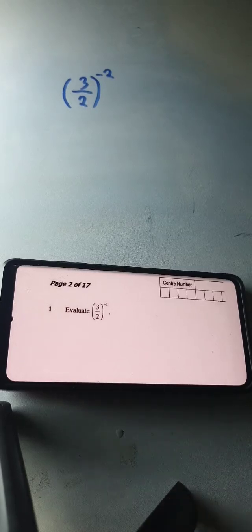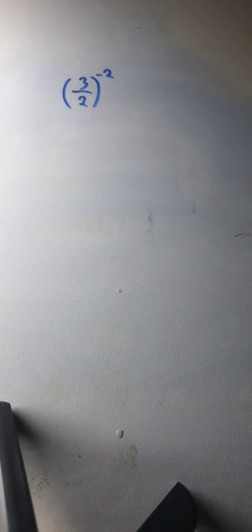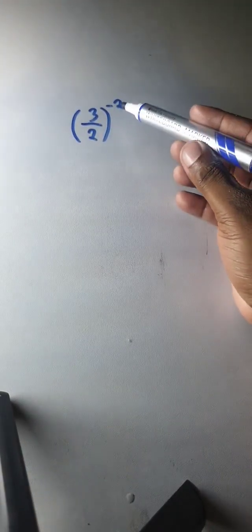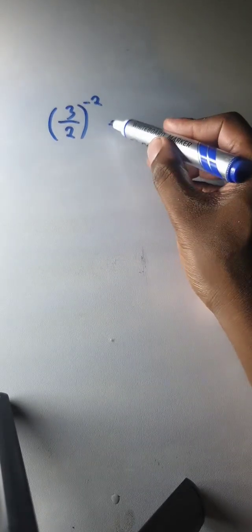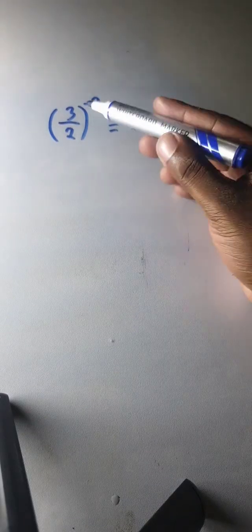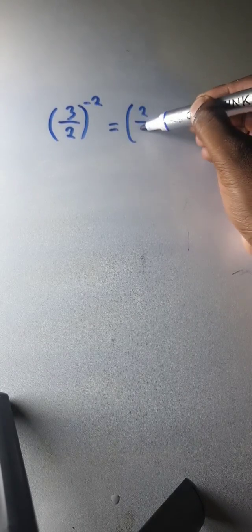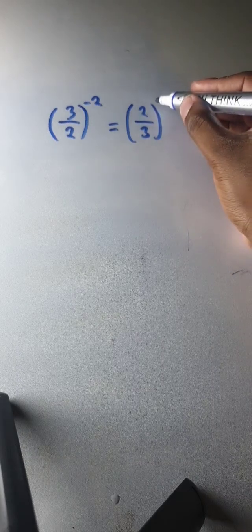Because our power is in negative index, for us to get rid of that negative index, we are going to reciprocate the fraction. Now it will be 2 on top, 3 down. That means now the negative is gone.